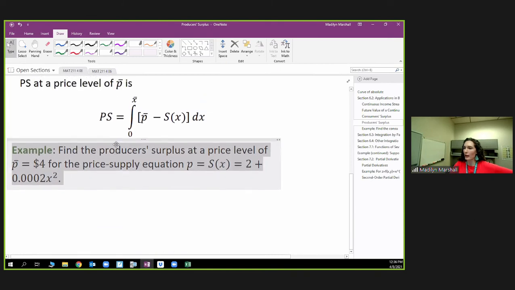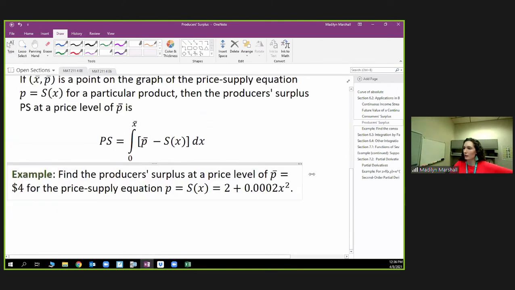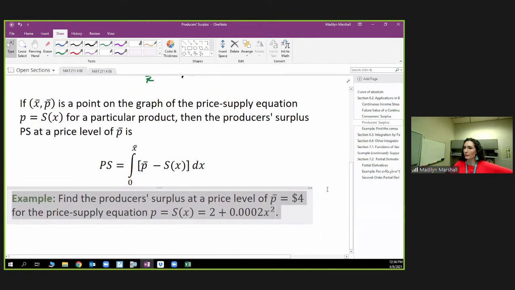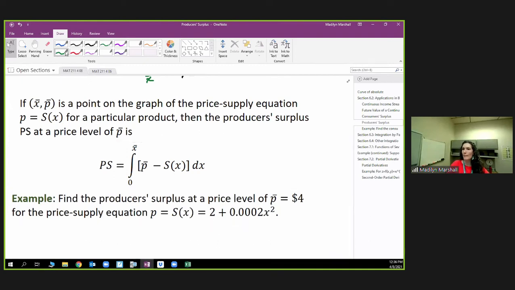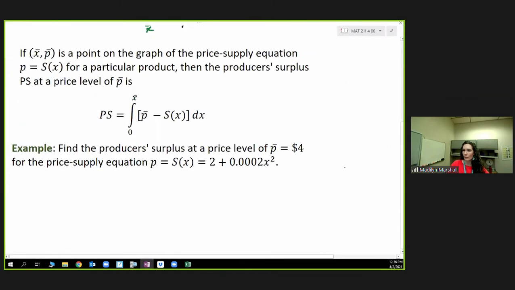So let's look at one example. So we want to find the producer's surplus at a price level of P bar equals $4 for the price supply equation, this.